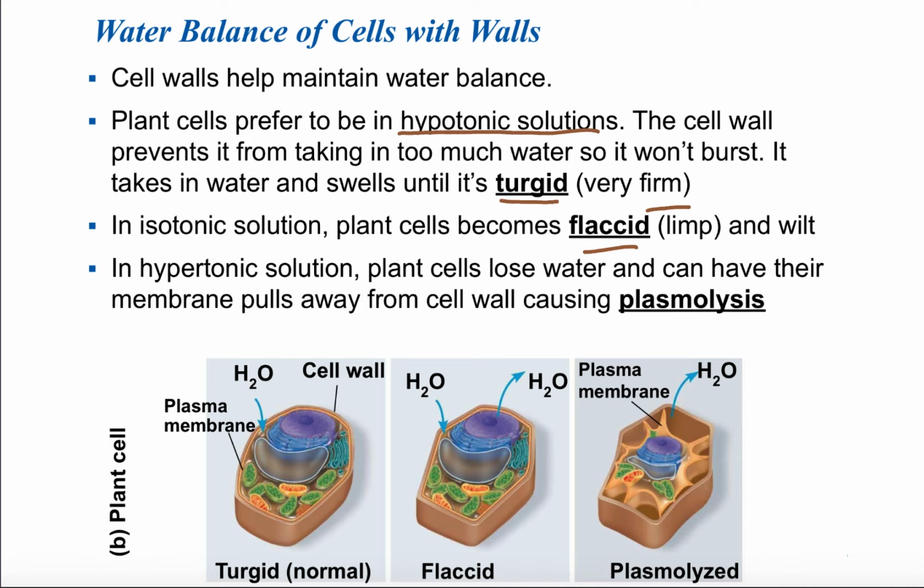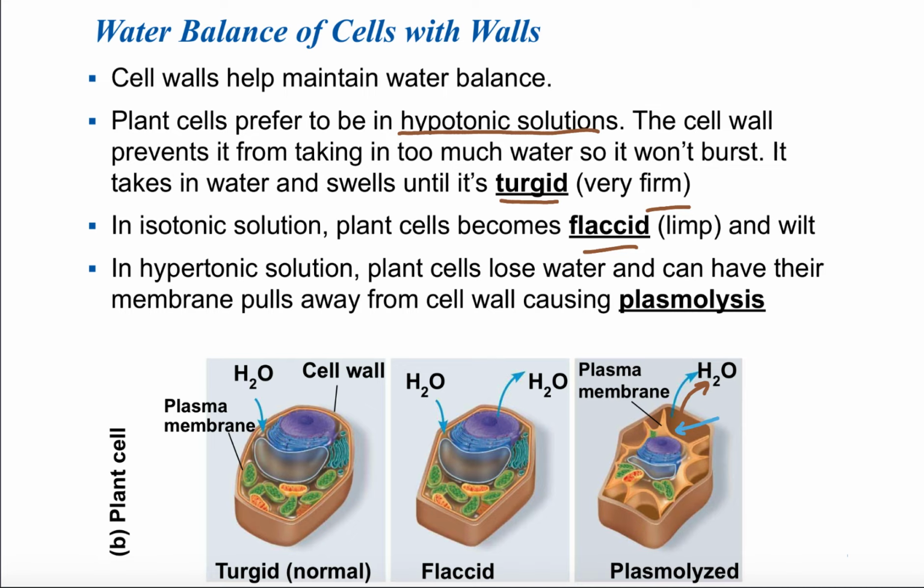Now, if your plant doesn't have enough water, and it's surrounded by what's called a hypertonic solution, a very salty solution that lacks water, then the outside environment is going to draw water out of the plant cell, and it can lose so much water that the plasma membrane begins to peel off.